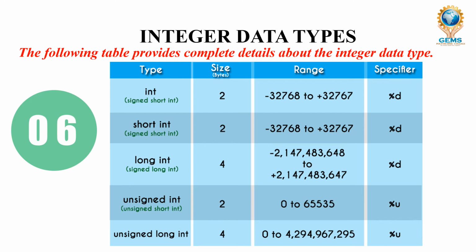What is the size for these? int is 2, short is 2, long is 4, unsigned int is 2, unsigned long int is 4. Then there are the range and the format specifier. This is the exact detail of the integer data types, right? I hope, my dear students, when you do programming, this concept will help you to write programs in the C programming language.